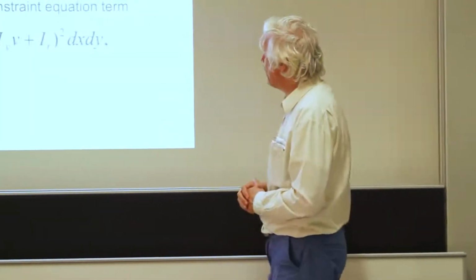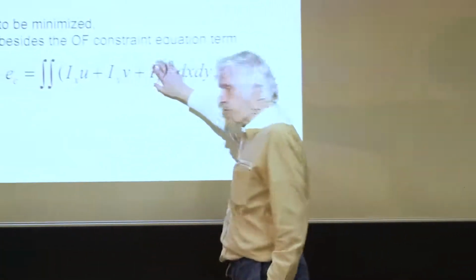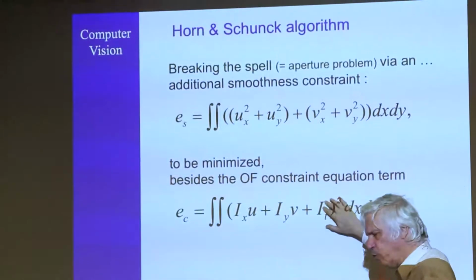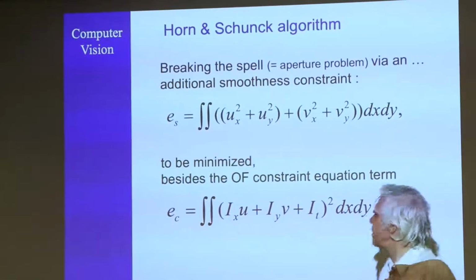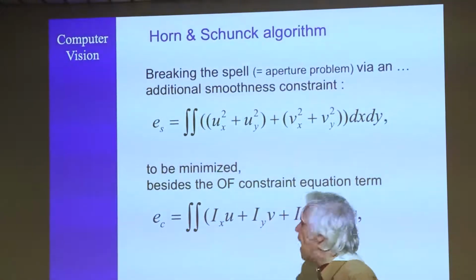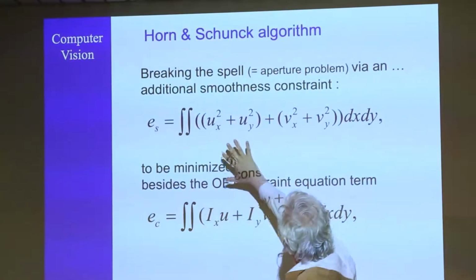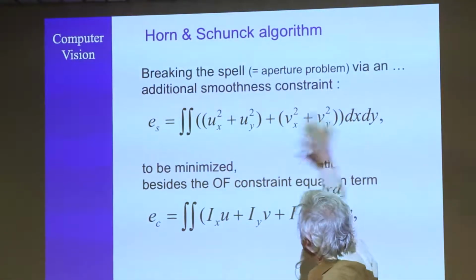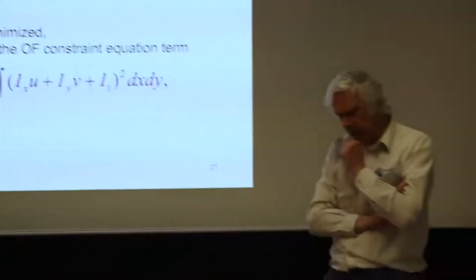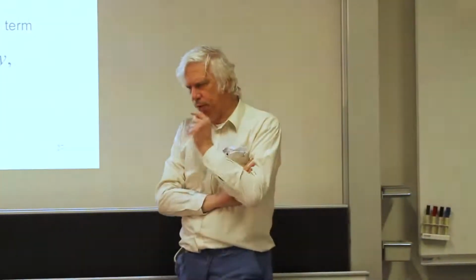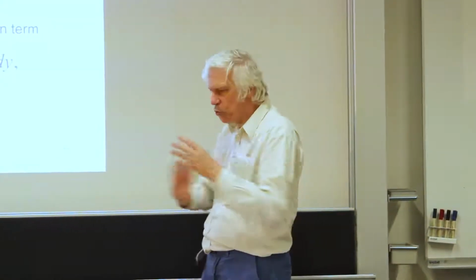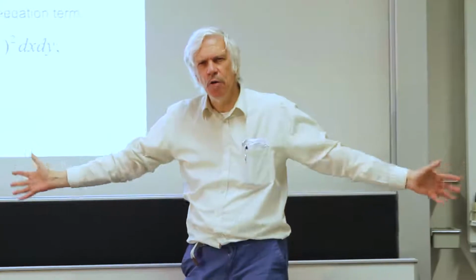So we have the optical flow constraint equation: a pixel from one frame to the next will keep its intensity intact, but then neighboring pixels should also have similar motions. And as we will see, this additional smoothness constraint helps us solve for the second component of the motion, the component orthogonal to the gradient, because we are now dragging in information from the environment.